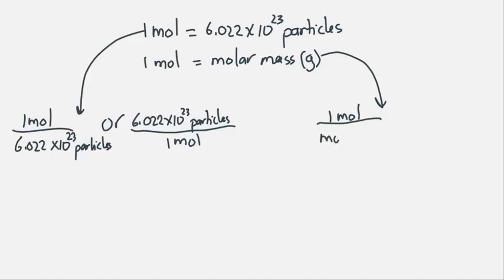Now, the second one, I can do the same. So it's 1 mole over molar mass, in grams, or I do the opposite: 1 mole is down, and molar mass is up. Okay, let's see some examples by which I will use these conversion factors.